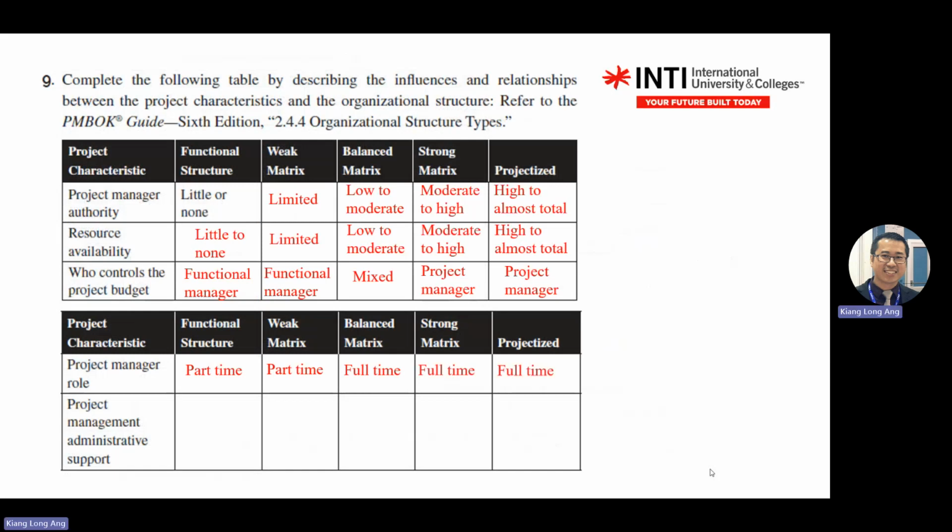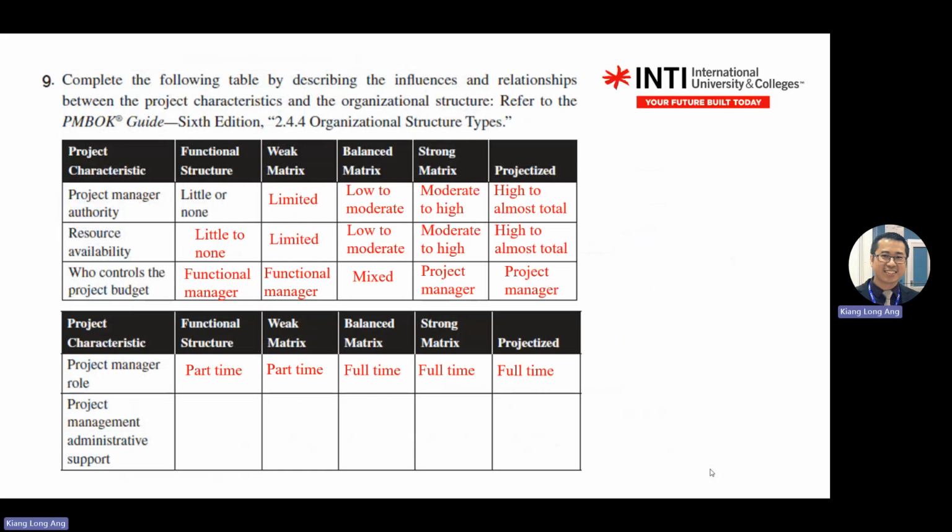In previous tests, when I asked this kind of question, students used low and little to answer. It is not low. If you see the role, it is either full-time or part-time.